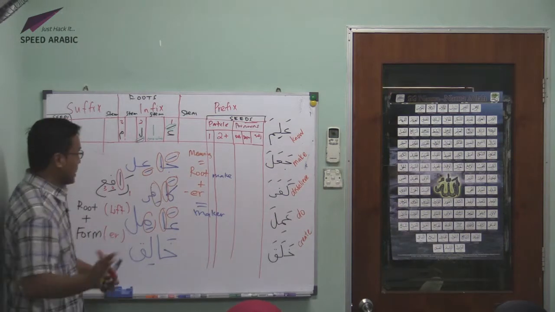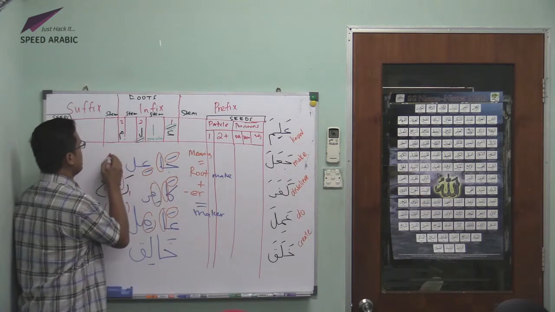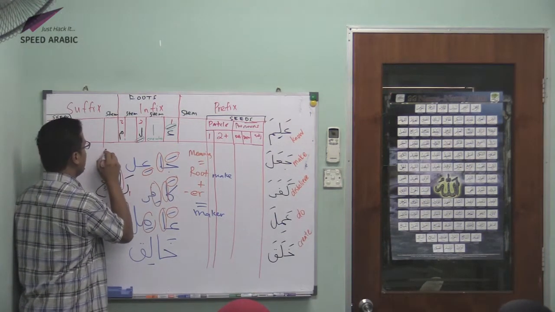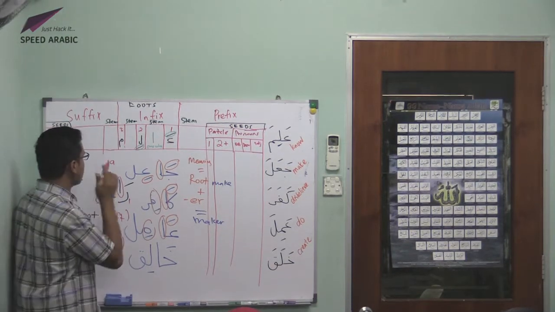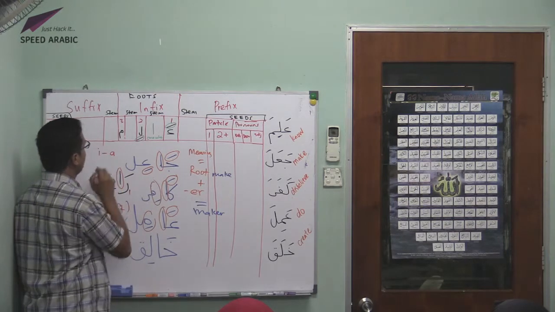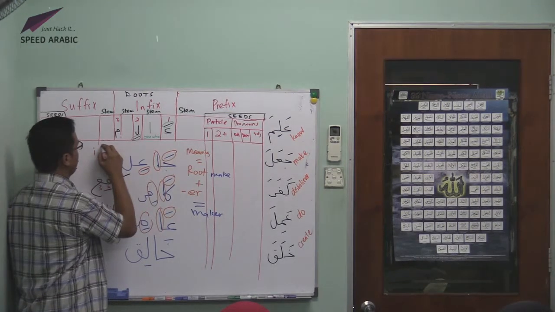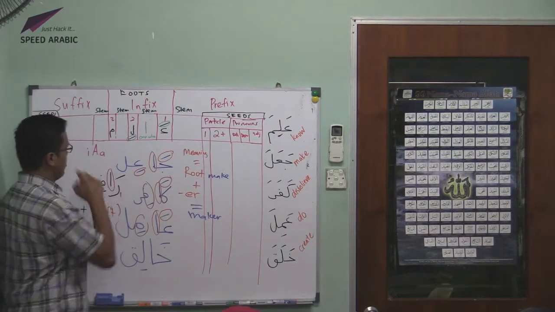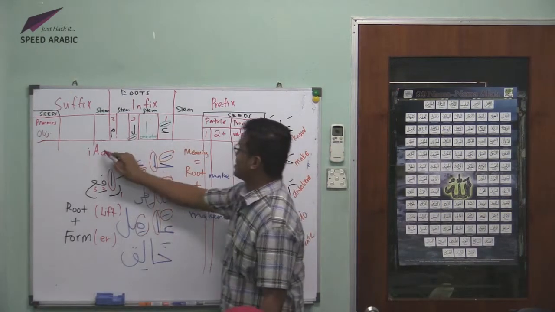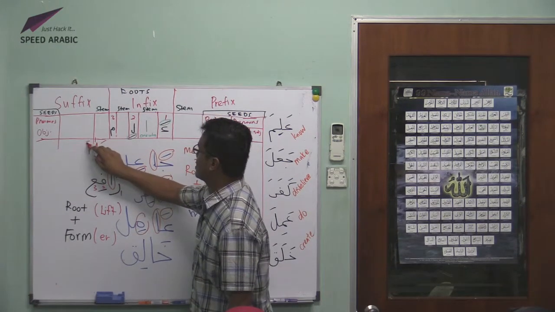It's as if you can say in Malay or in English, whenever you see this is fathah, this is alif, this is kasrah.